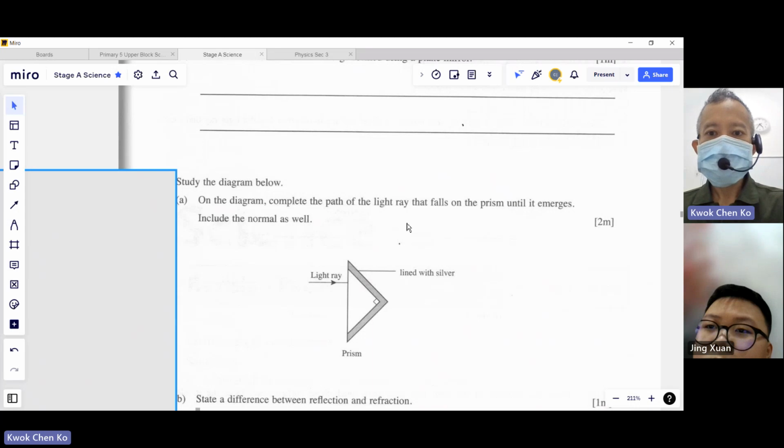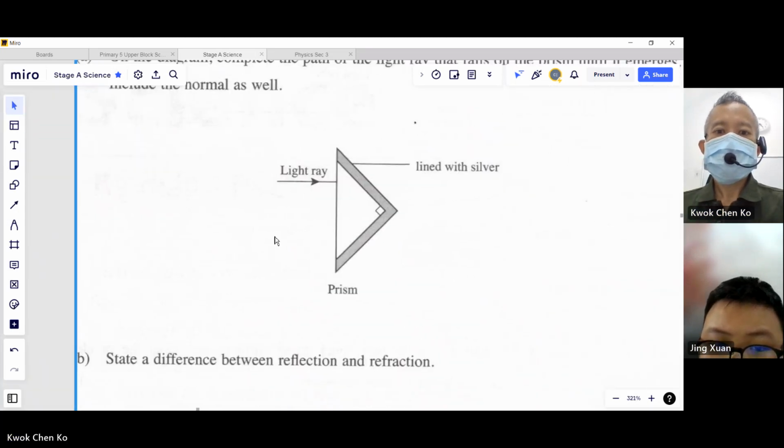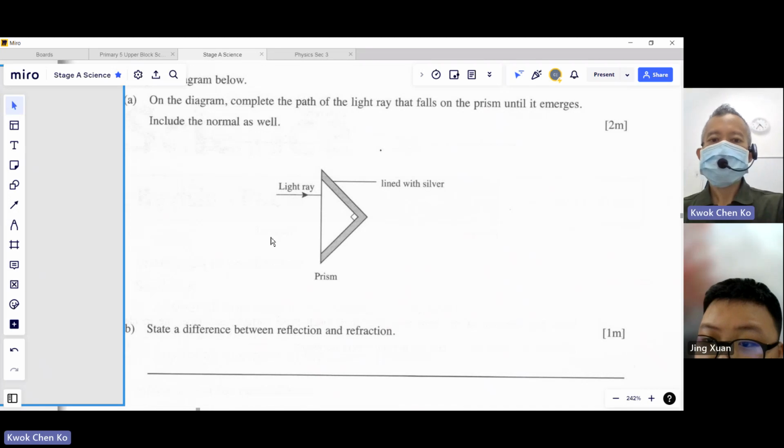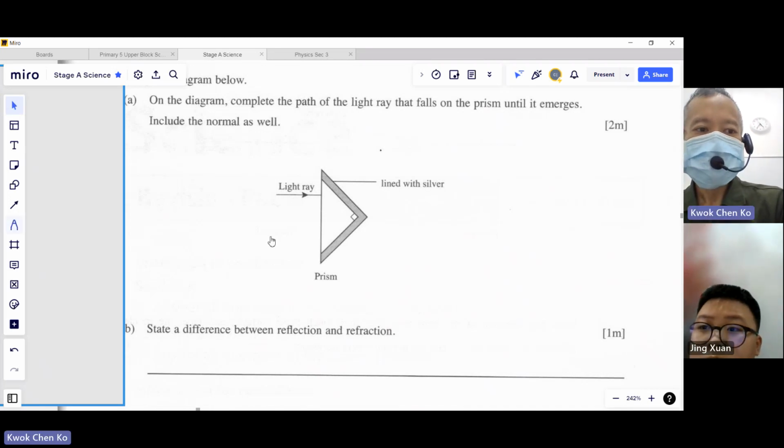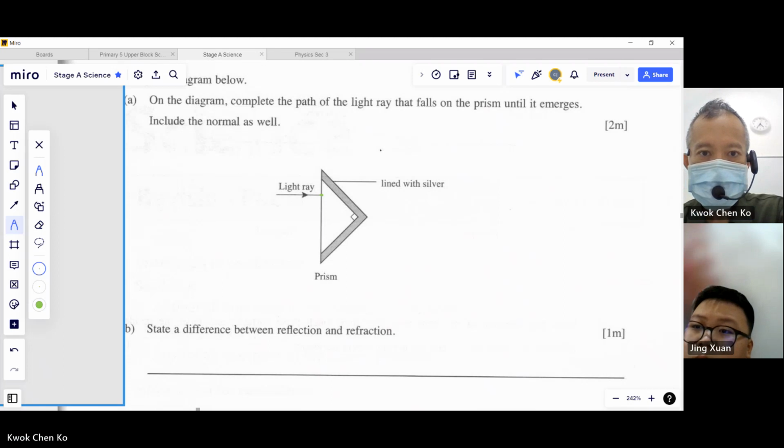Complete the path of the light ray that falls on the prism. Of course, the diagram doesn't give you any angles, but I assume it goes straight in. Gets reflected.